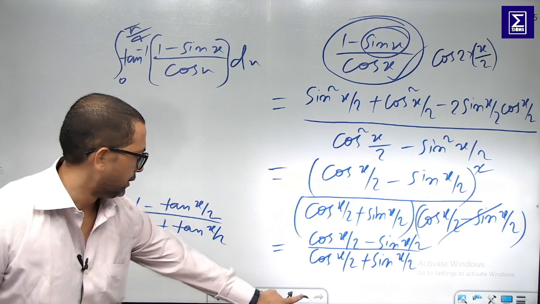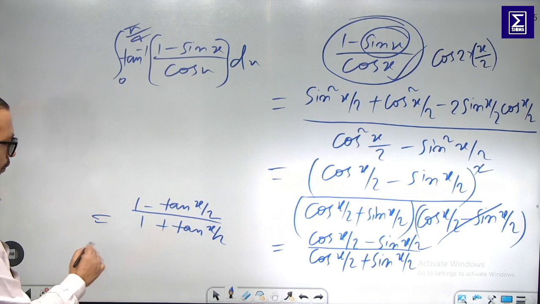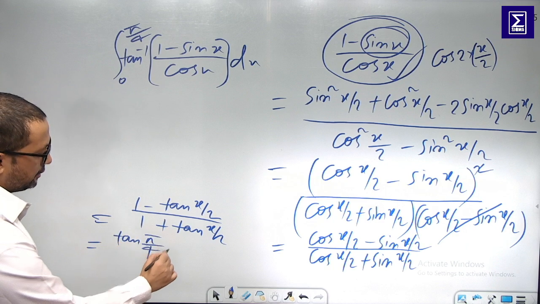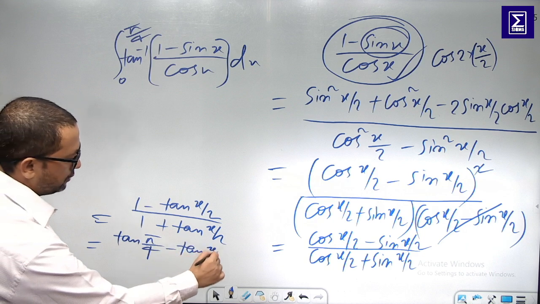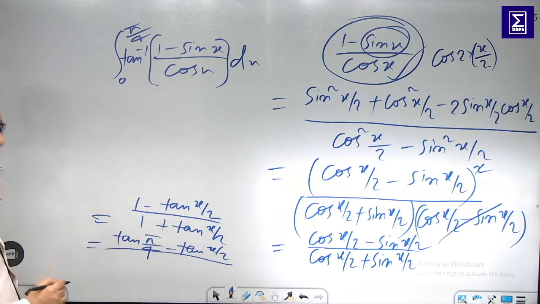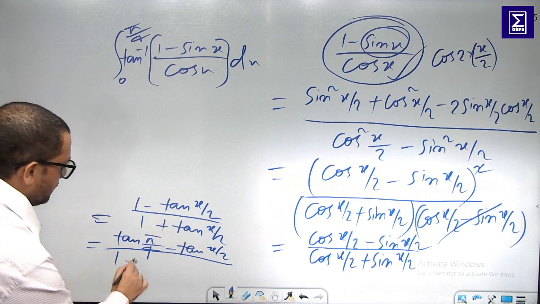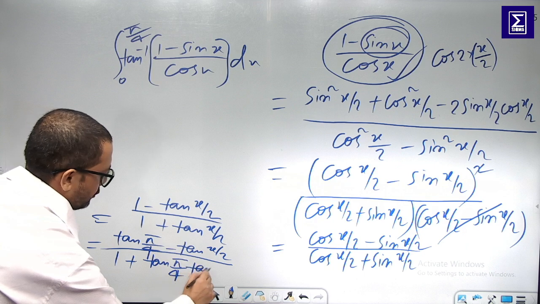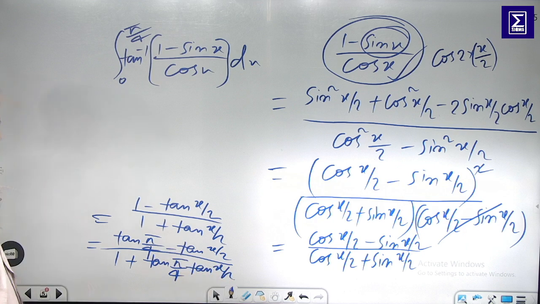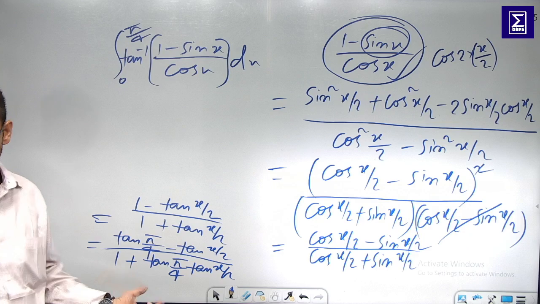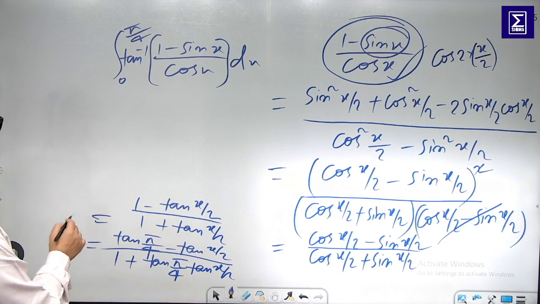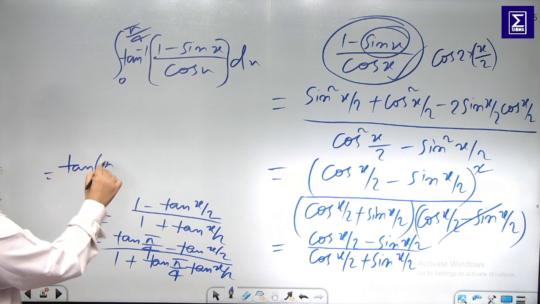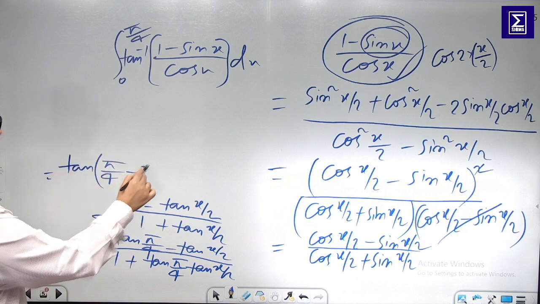Here 1 can be written as tan pi by 4, so tan pi by 4 minus tan x over 2 upon 1 plus tan pi by 4 times tan x over 2. Here tan a minus tan b upon 1 plus tan a tan b will be nothing but tan of pi by 4 minus x over 2.